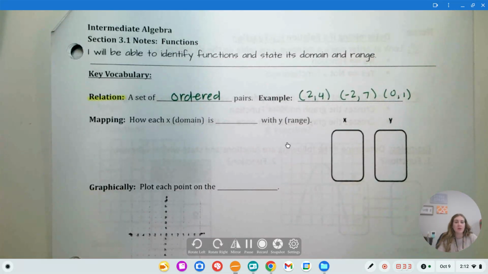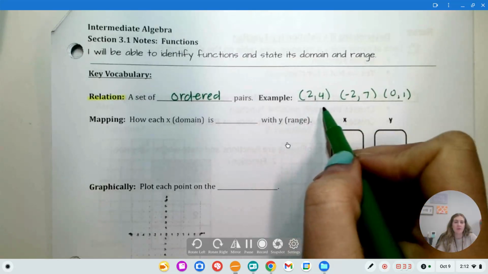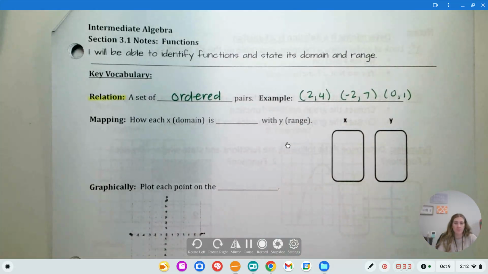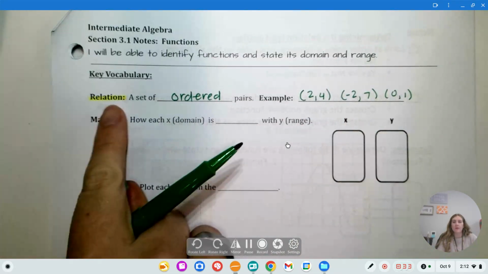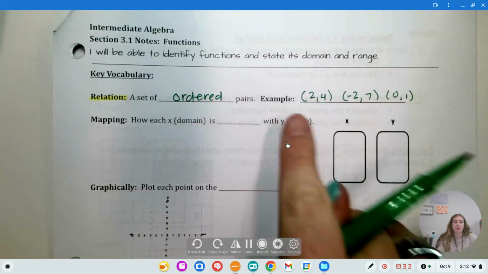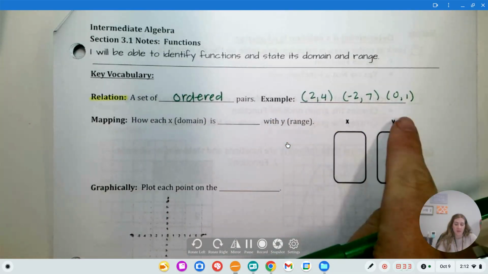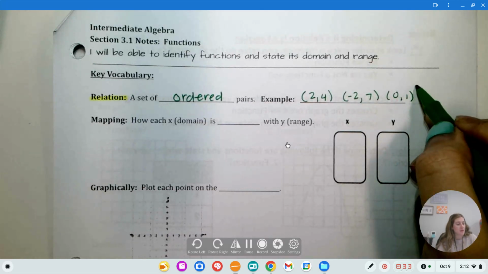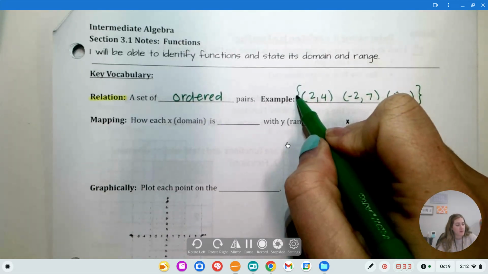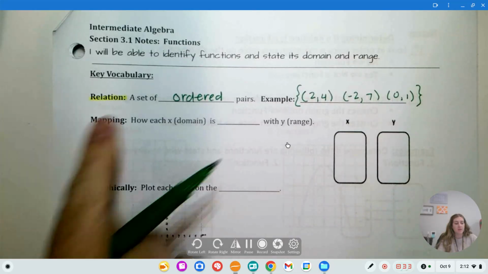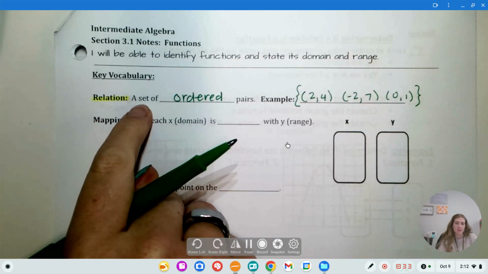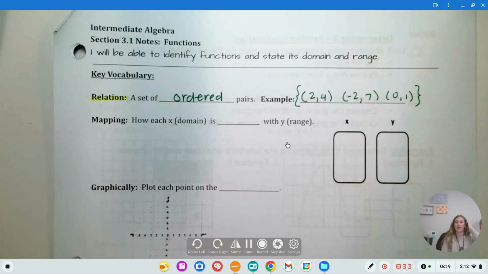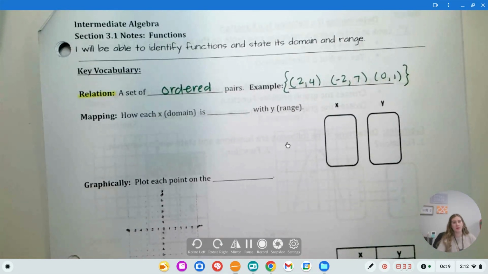Now remember, to be an ordered pair, you have to have parentheses and you have to have two numbers with a comma. So a relation is a set of ordered pairs, which means more than one in a set. Sometimes on your homework you might see these fancy little brackets listed. That just means the word set. All it is a fancy bracket. So that is a relation.